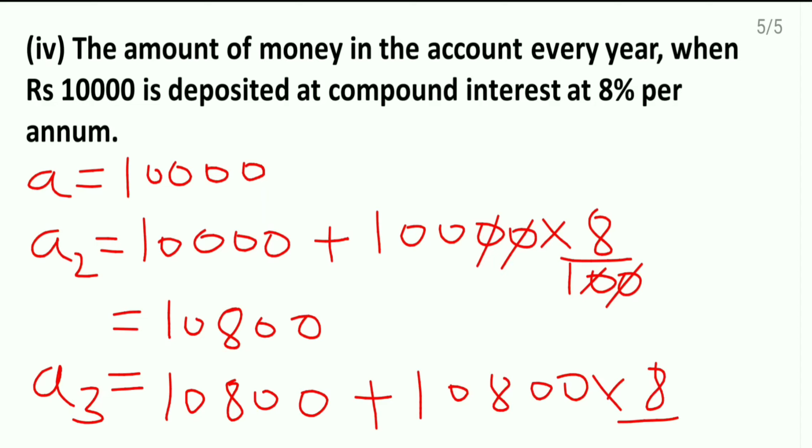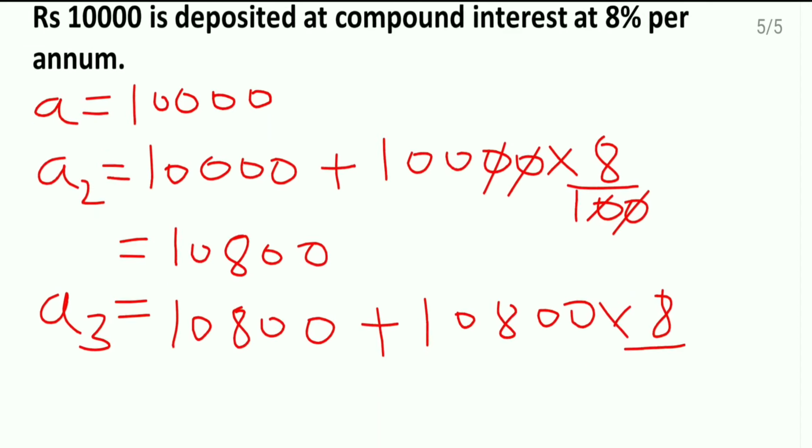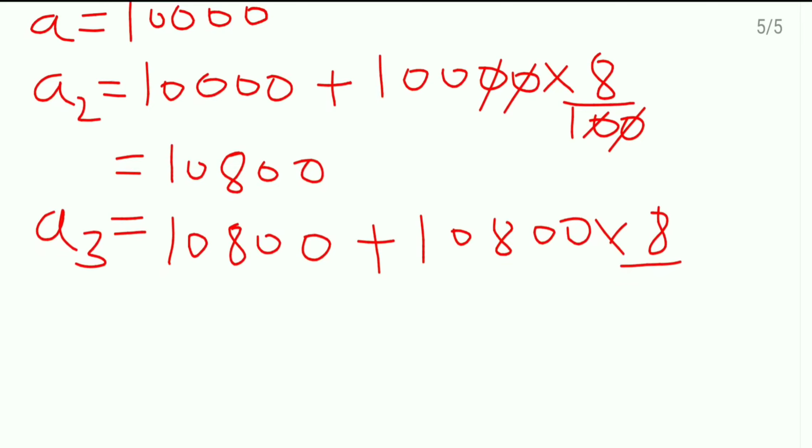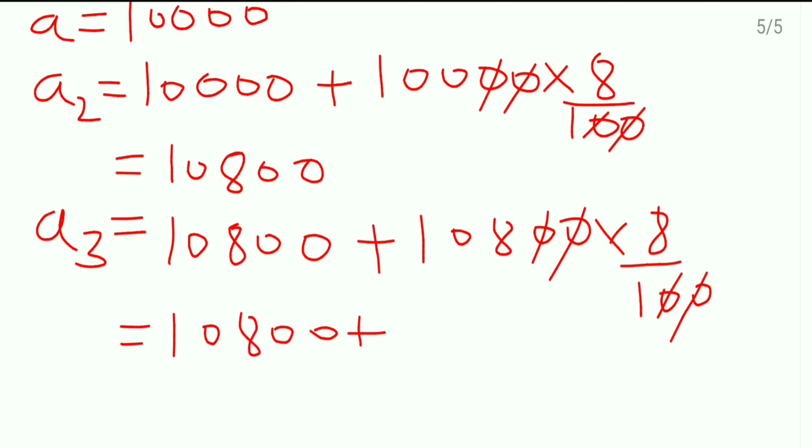Okay, so one second. Here this one is 1, 0, second 0 cancelled, which comes as 10,800 plus this one, right? After adding, I'm getting it as 11,664, right?